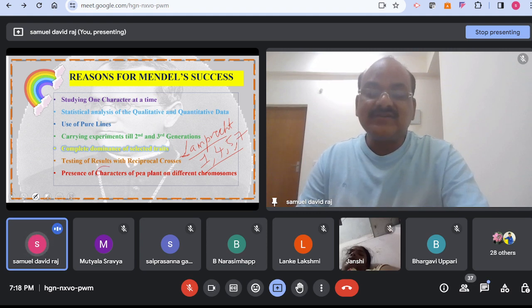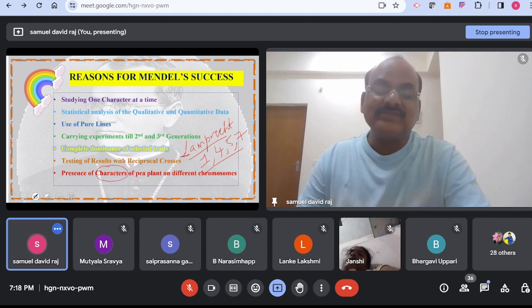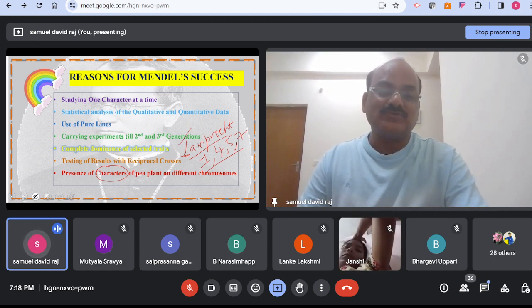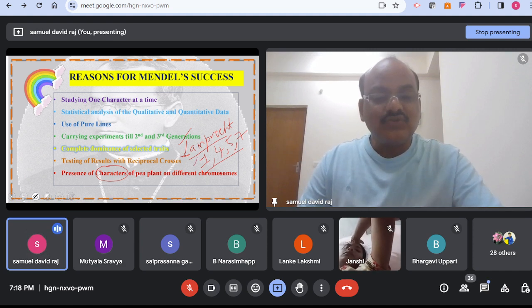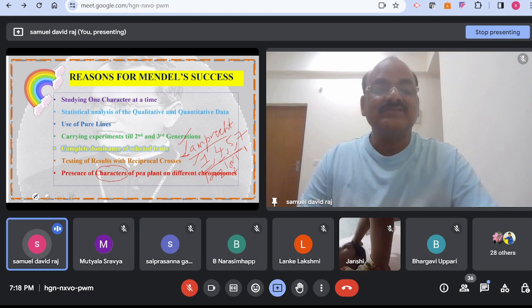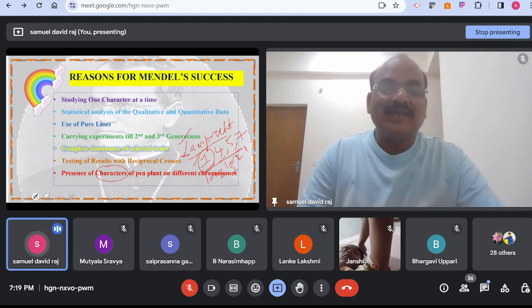So factors for the seven pairs of contrasting characters selected by Mendel in Pisum sativum, according to Lamprecht, are present on only four chromosomes. That means one chromosome may contain one or two characters. The other chromosome may contain one or two characters. So here there are two, here there are two, four. And another should contain one, five, only one, six. That means another character is also present here. Thus, each chromosome contained more than one character.